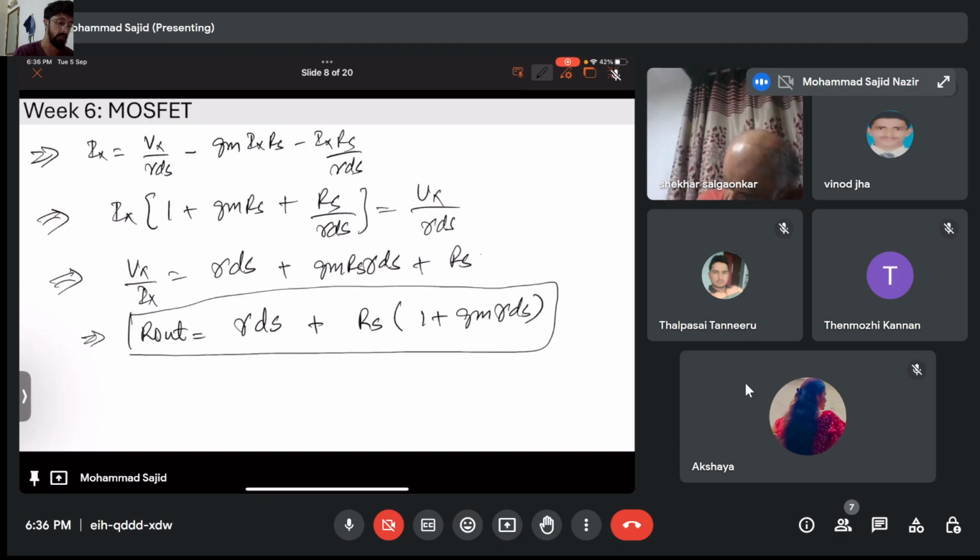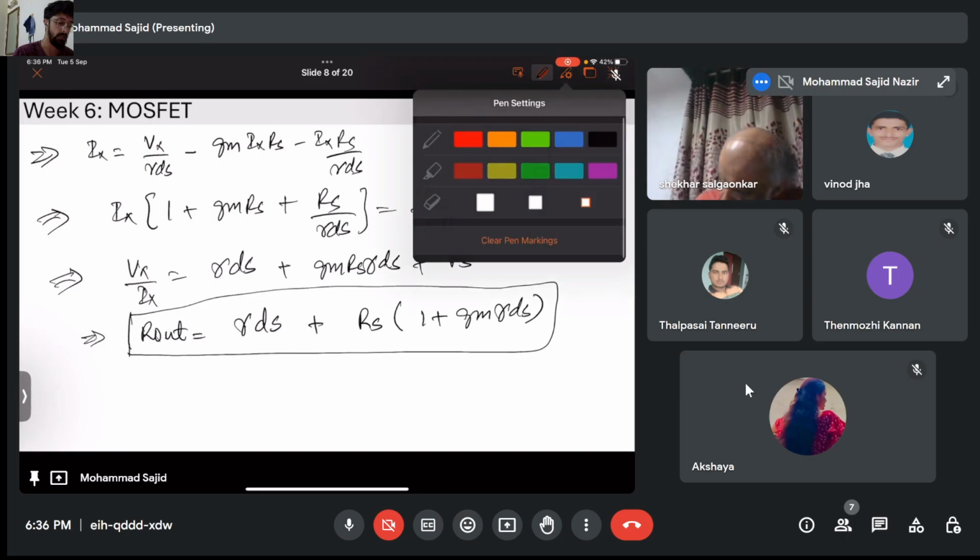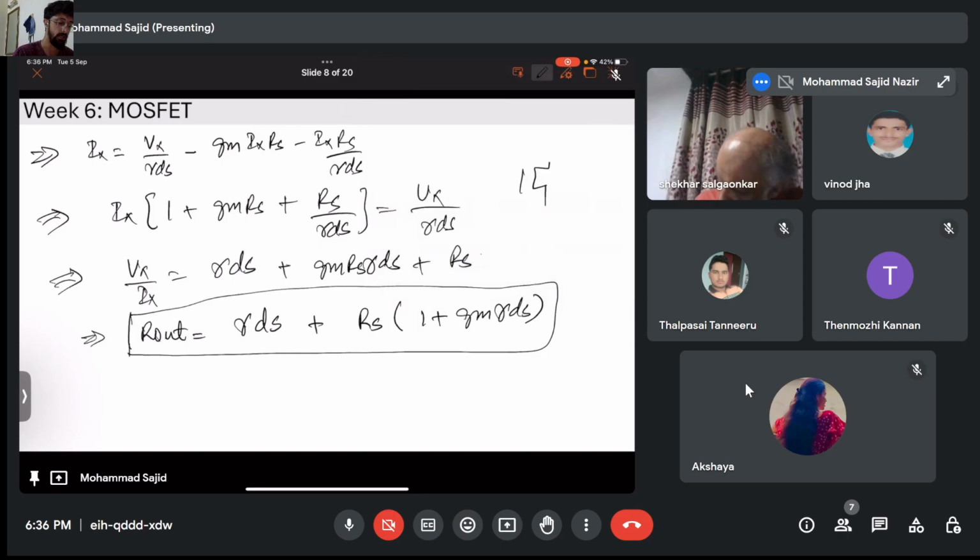This I told you in the last session to remember. How you can remember is, if this is your normal circuit, total R out is looking here. What is total R out? Can you tell me directly? It's RD parallel RDS, right? For the circuit, it is simply RD parallel RDS.